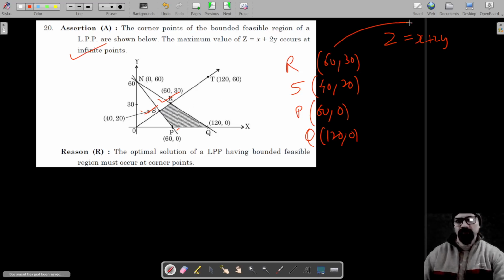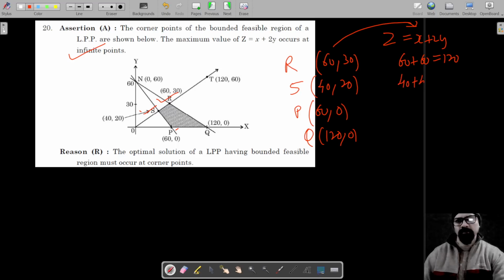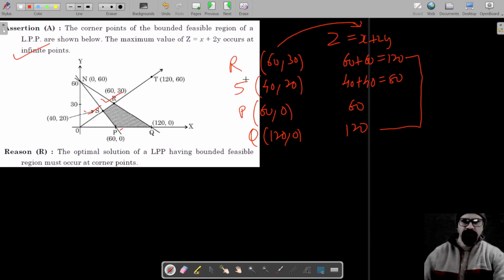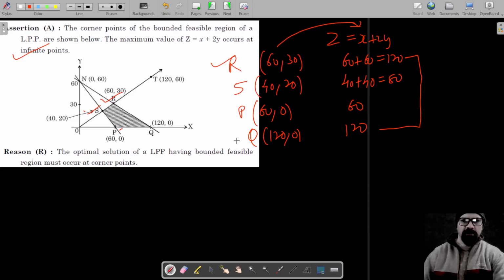If we put the values of x and y in this, it gives me 60 plus 60 equal to 120. Now this is 40 plus 40, which is equal to 80, and this is 60, and this is 120. Now we have the maximum value at these 2 points, which are R and Q.